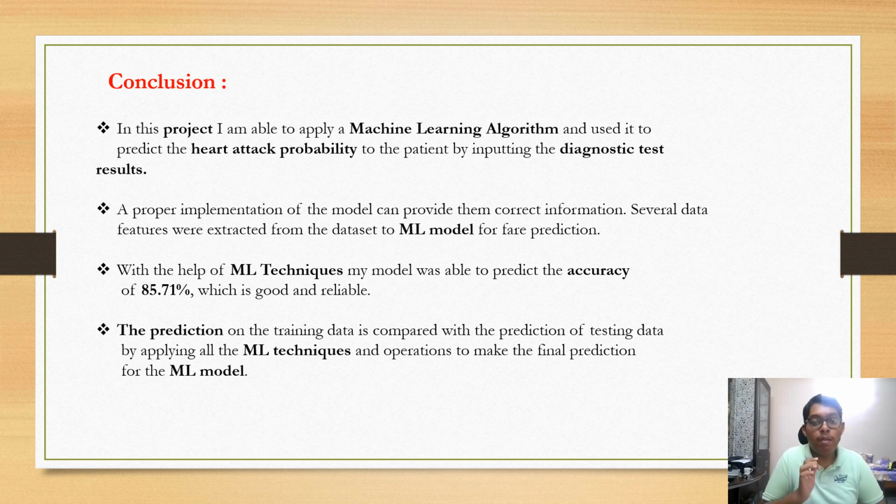With the help of ML techniques, my model is able to predict with an accuracy of 85.71%, which is good and reliable. The prediction on the training data is compared with the prediction on the testing data. The training data is 70% and the testing data is 30%, applying all the ML techniques and operations to make the final prediction of the ML model.